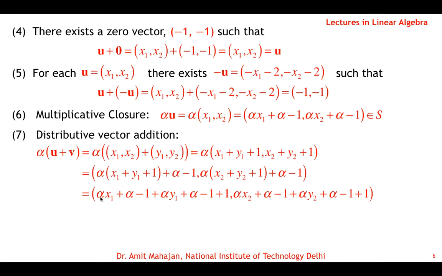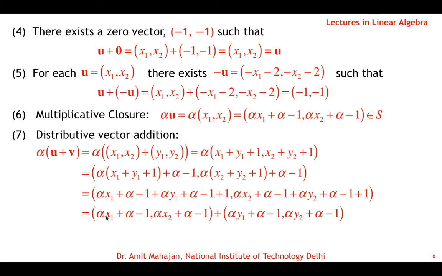Clearly now we can separate this by using the addition rule backwards, because this is the first element alpha x1 plus alpha minus 1, plus the second element alpha y1 plus alpha minus 1, plus 1. It's like x plus y plus 1, and similarly here also x plus y plus 1. So we can use it backwards, first element comma first element plus second element comma second element.